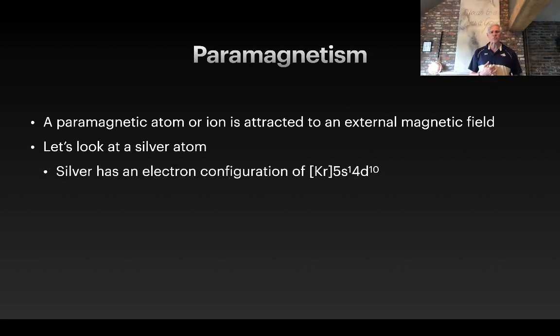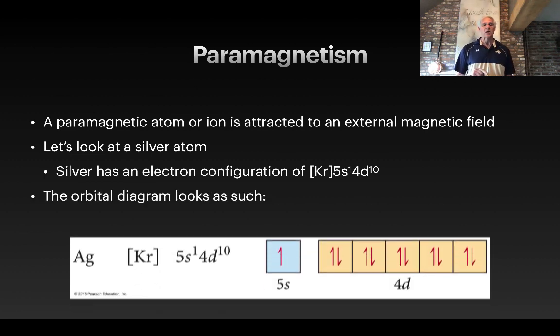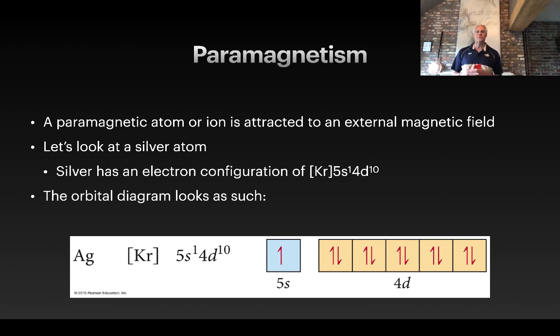If we look at silver, we see its electron configuration is krypton 5s1 4d10. The electron configuration itself does not necessarily tell us if we are going to have paramagnetic or diamagnetic, so we really need to look at the orbital diagram. There we see that we have an unpaired electron in the 5s.